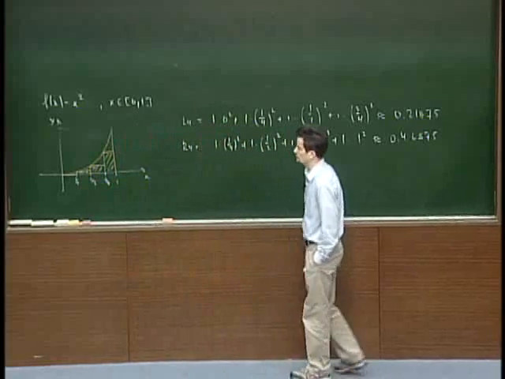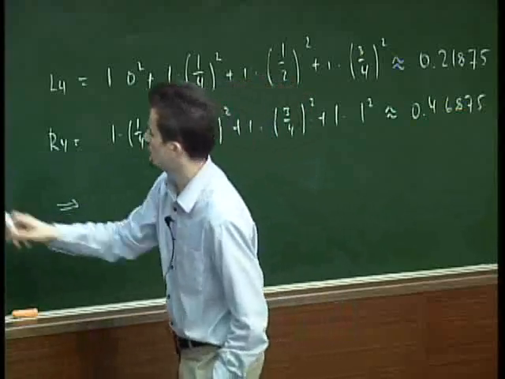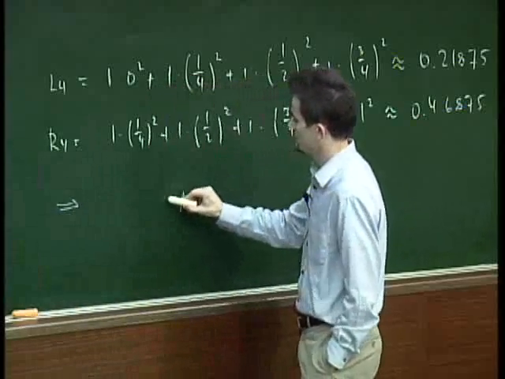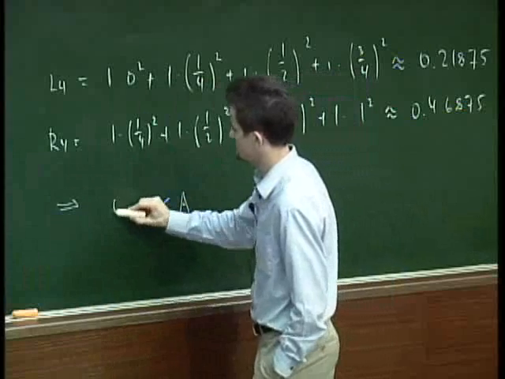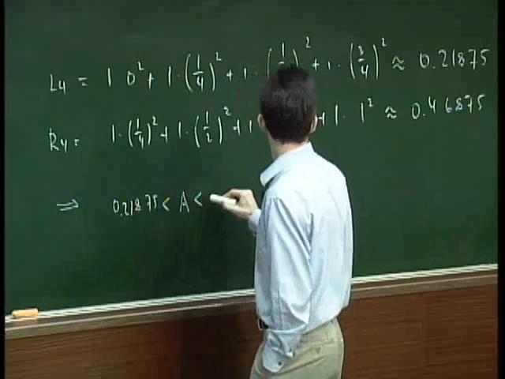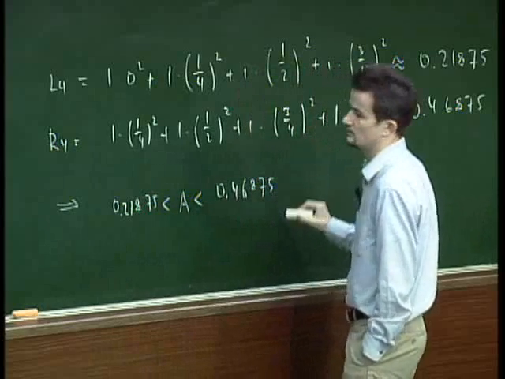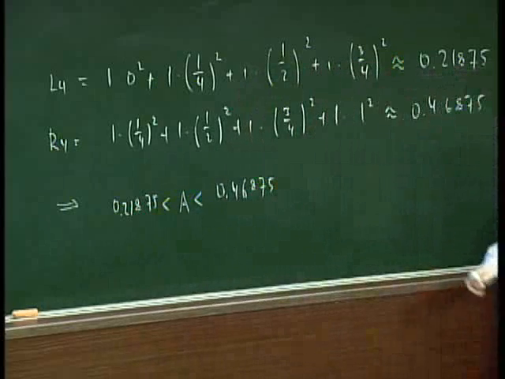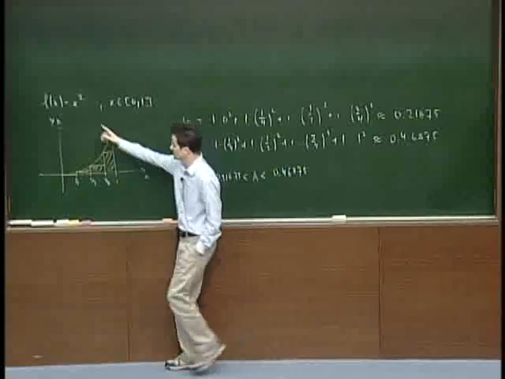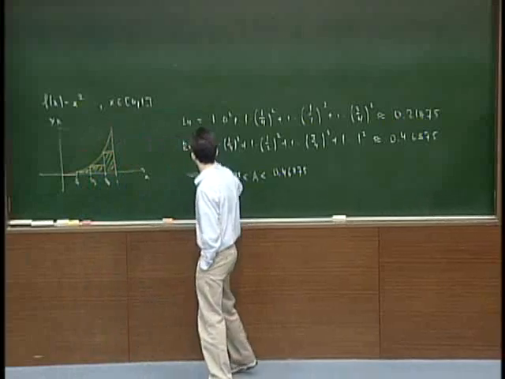So if we denote the area by A, then A must be larger than 0.21875 and smaller than 0.46875.